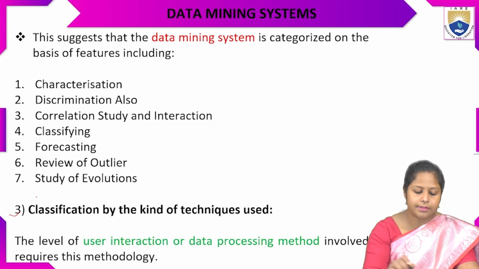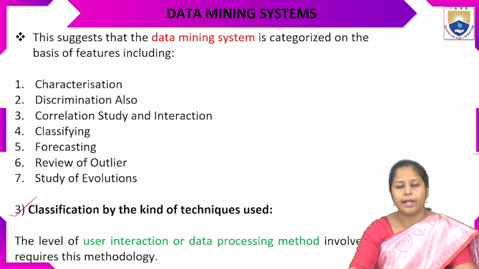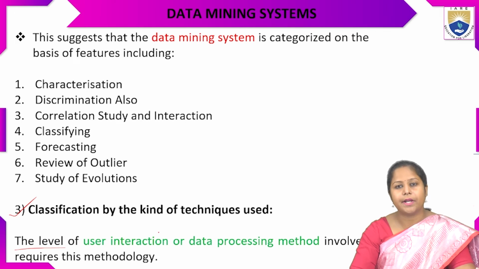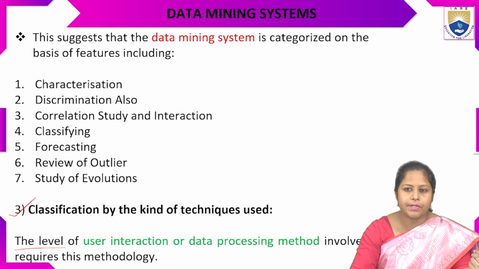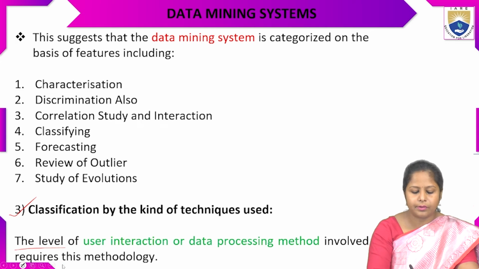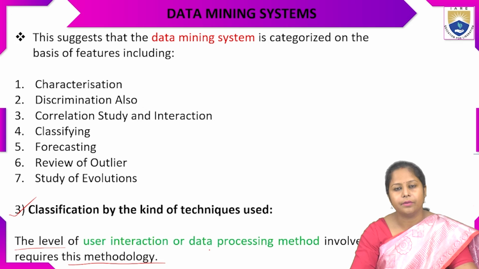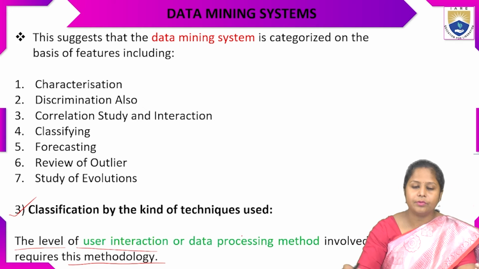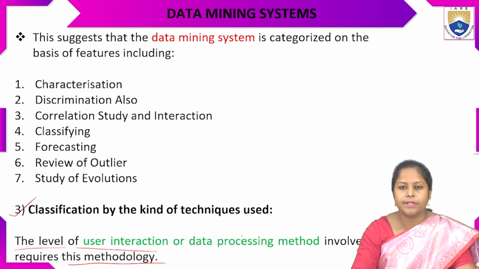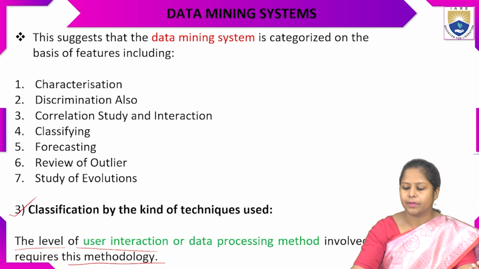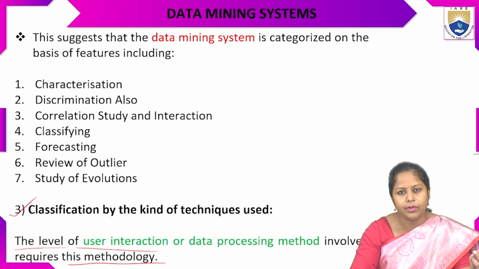So the third classification is classification by the kind of technique we are going to use. We can look at the level of user interaction and the data processing methods that this methodology is going to involve. So what techniques are going to be used for data mining?